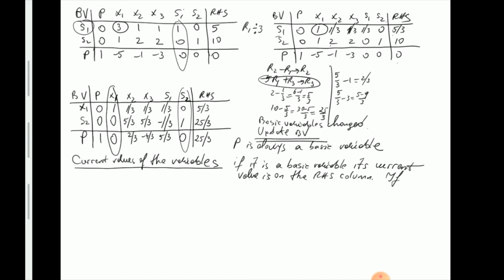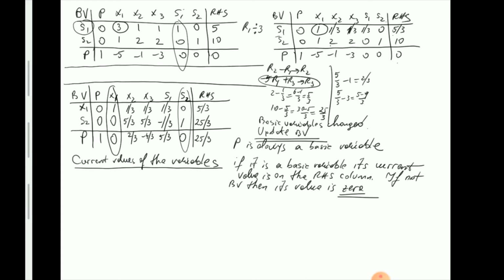If it's not a basic variable, then its value is 0. Okay, so this is how the algorithm is set up. Current values are on the right hand side for the basic variables. If they're not basic variables, automatically the value is 0.